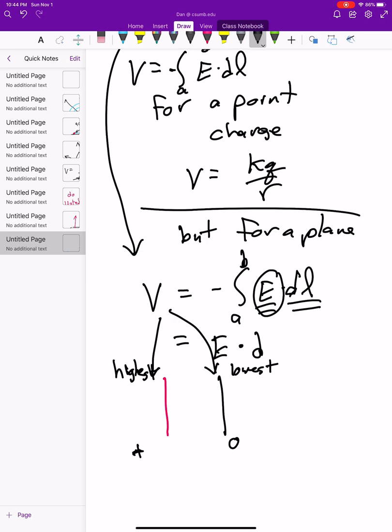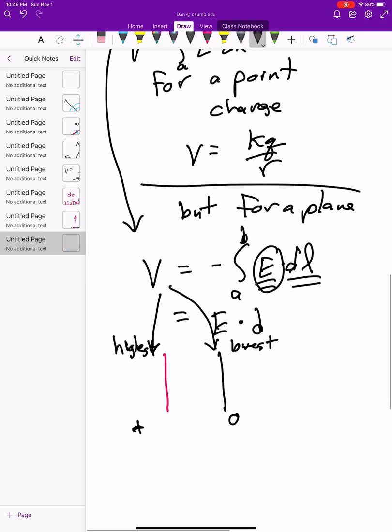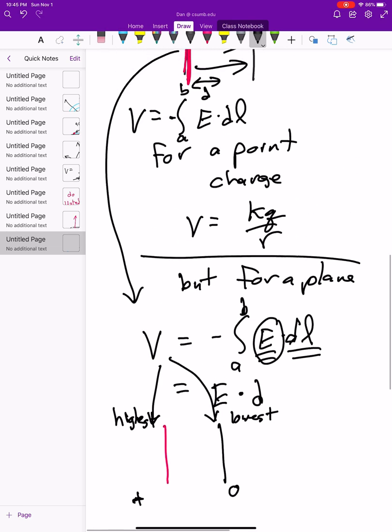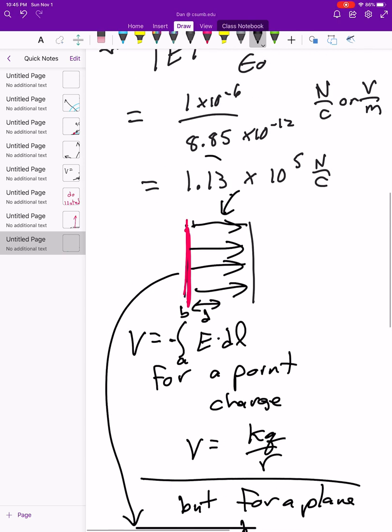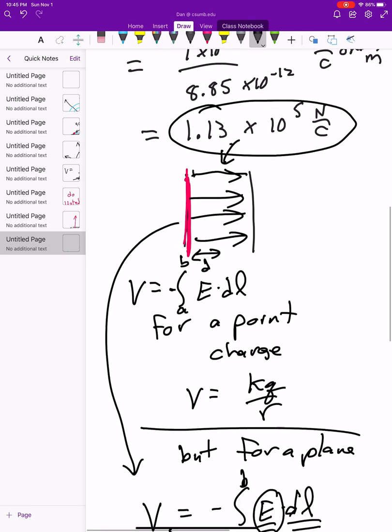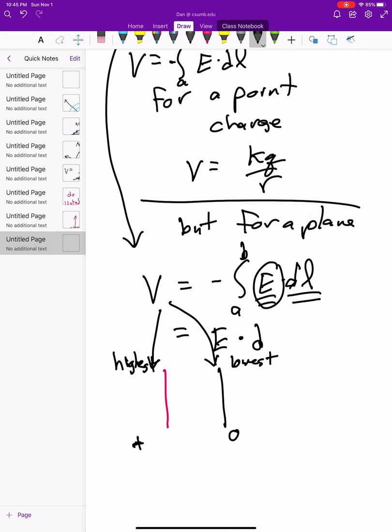That's often given to us in a given problem. I'll say, oh, the potential of this plate is 10 volts. So we'll know what the potential difference is between the plates. We'll know that by taking the electric field, which in this case is 1.13 times 10 to the 5th. And the negative plate is usually assigned to be 0.